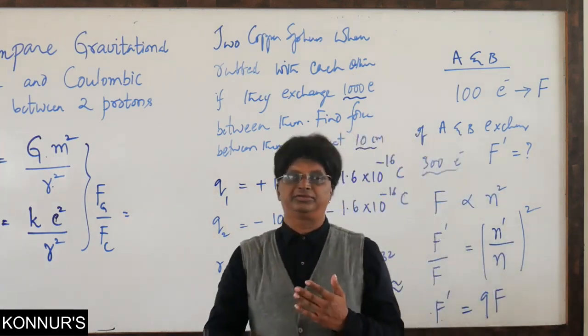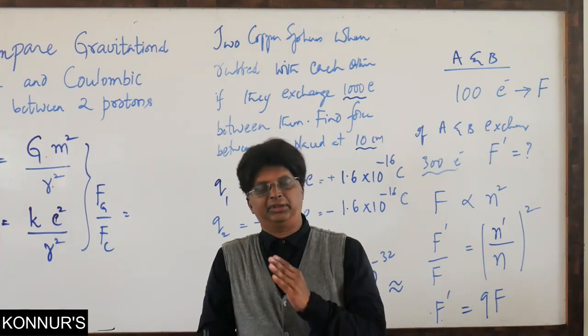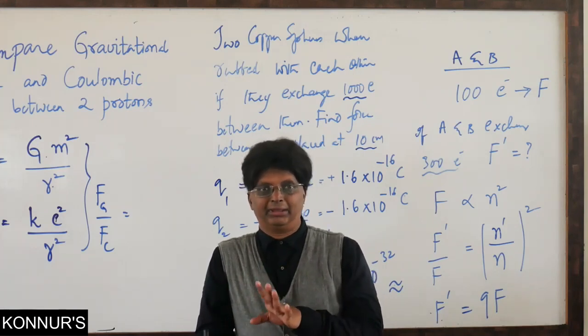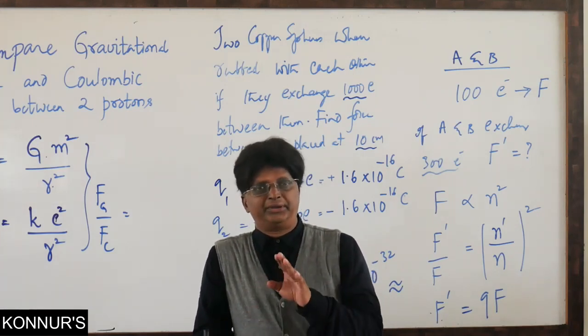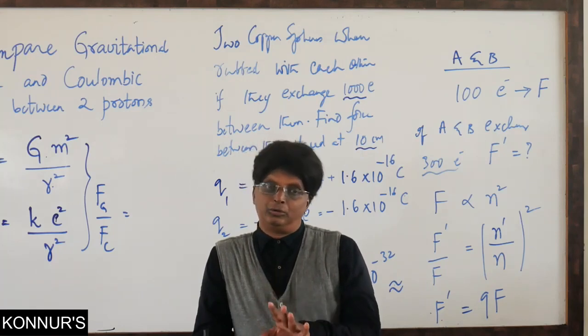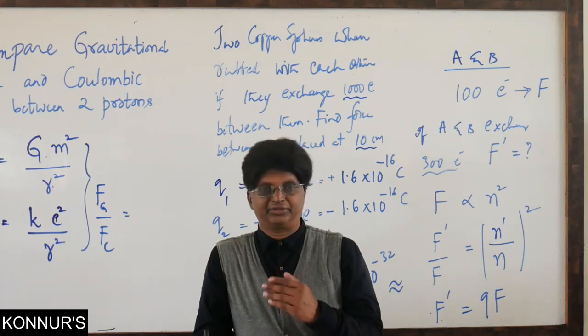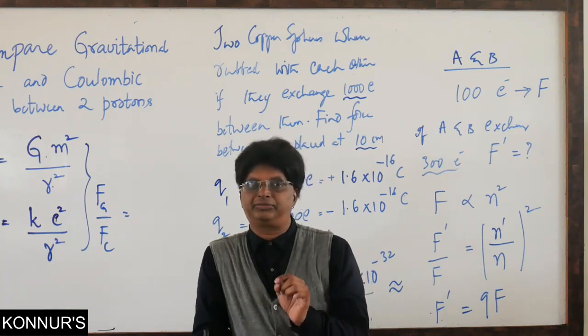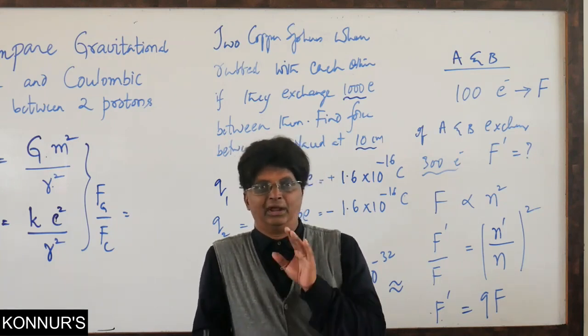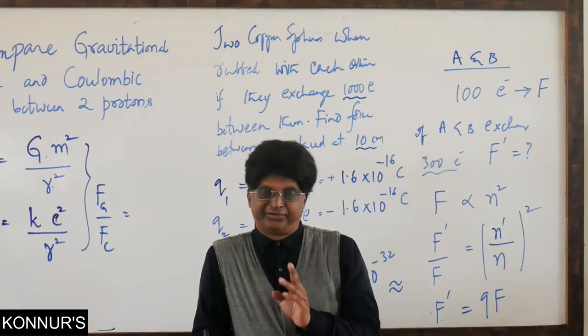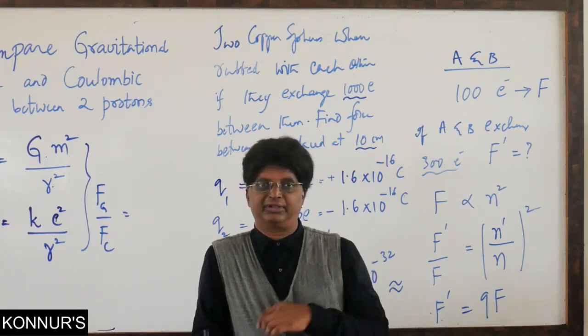And what is the significance of negative sign? Negative sign here means attractive between unlike charges. But negative does not always imply that it is attractive. Maybe sometimes or most of the times this negative sign has the significance of attractive nature. But sometimes we will also see those examples.